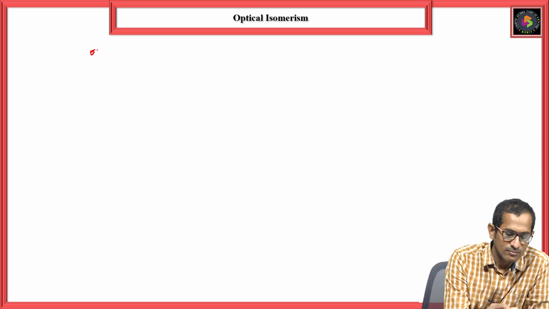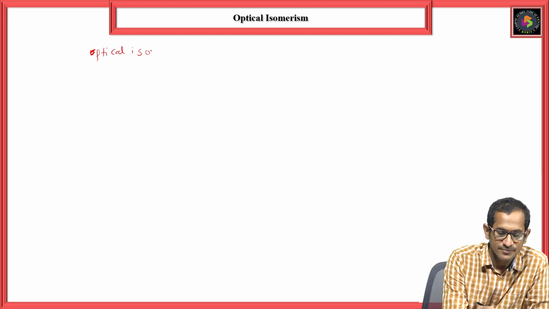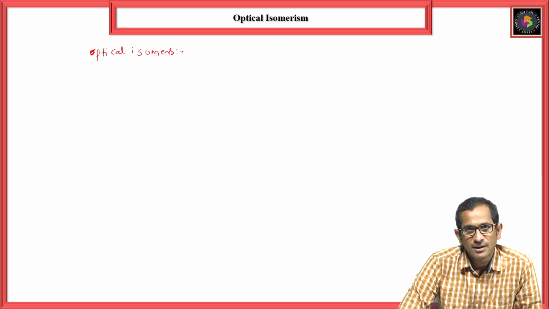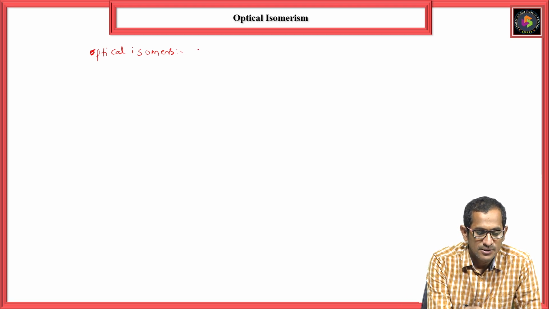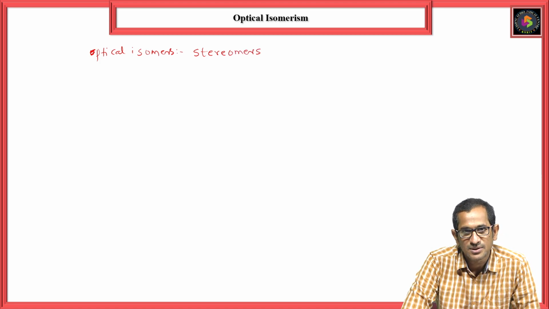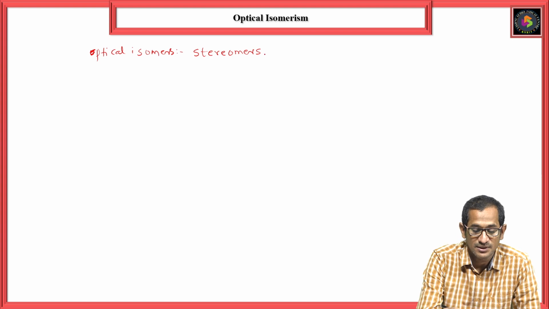What are optical isomers? The optical isomers are stereomers. What are the stereomers?